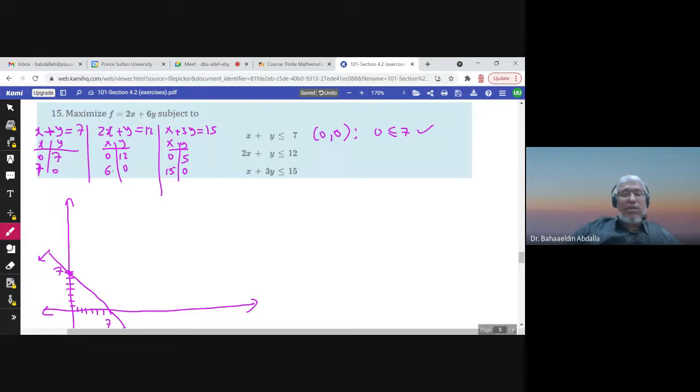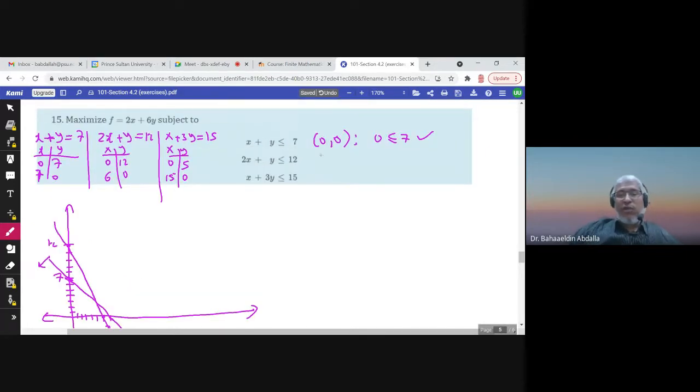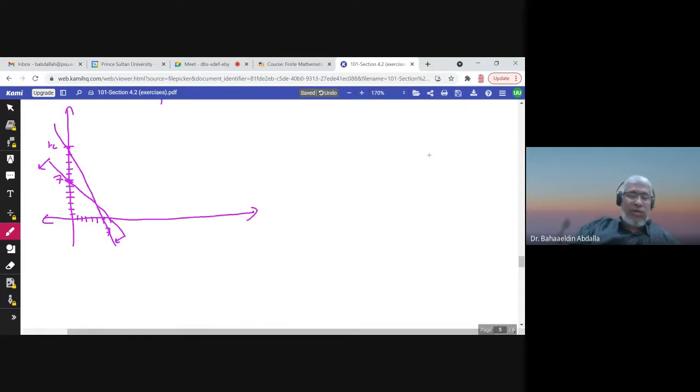The second line, (0, 12) and (6, 0). So this one and this one, this point and this point. And let me check (0, 0) immediately in this inequality: 0 less than or equal to 12, that's correct, that's good. So the graph is also here below this line.